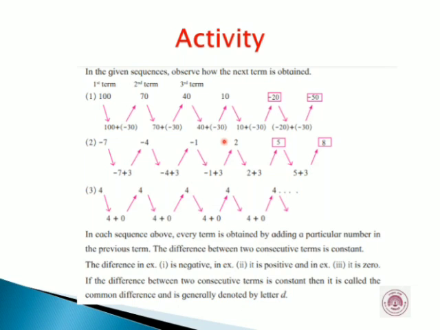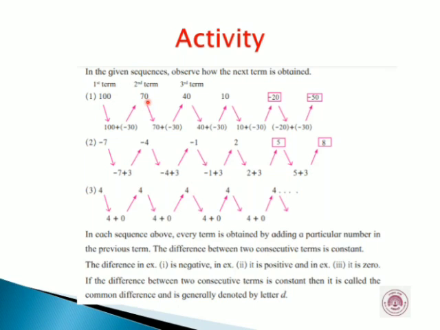So next, let us do another activity. In the given sequences, observe how the next term is obtained. Here the sequence is 100, 70, 40, 10, etc. First term is 100, second term is 70.